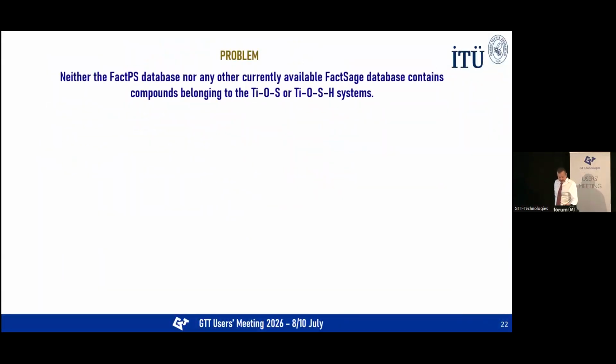Okay, but we encountered one important limitation during this work, because neither the FactSage PS database nor any other currently available FactSage database contains compounds belonging to the titanium, oxygen, sulfur, and hydrogen systems.